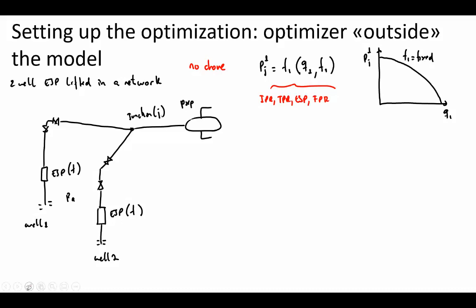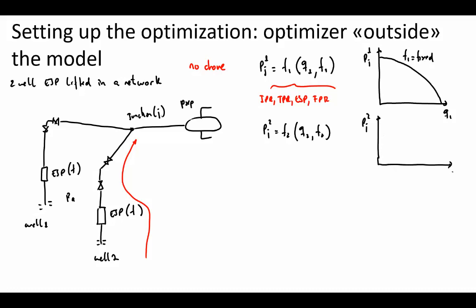In a similar fashion we do PJ2, seen from well 2 as you reach the junction. It's not squared, just be careful, it's simply well 2. It's a function f2, different from f1, of Q2 and F2, and if we plot it, it will be exactly the same with F2 fixed.